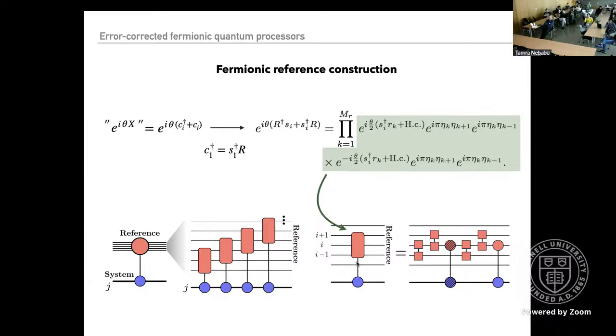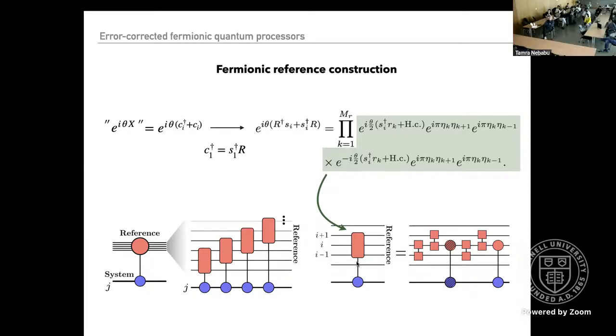So this reference state-based approach, is this specific to essentially a repetition code? Am I right? It's not specific to a repetition code. What I'm showing on this slide here, we use for any kind of operation that changes the particle number inside of the processing unit.